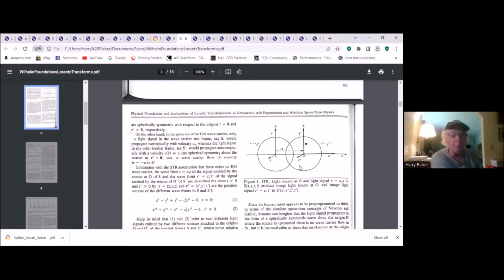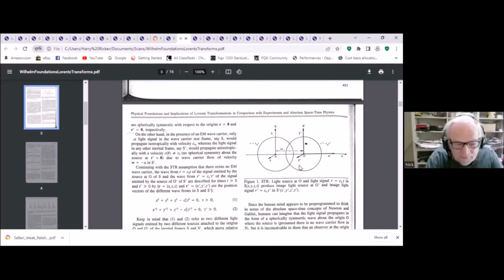If you use it in one frame, you do get results consistent with experiment. Okay. So what their experiments are saying is, well, yeah, we've got two theories and the experiments agree with both theories, but we're only going to say one of them is correct. Right.